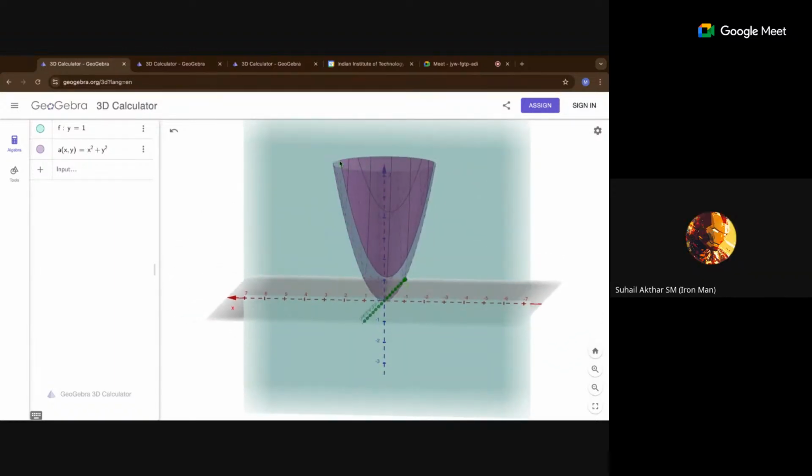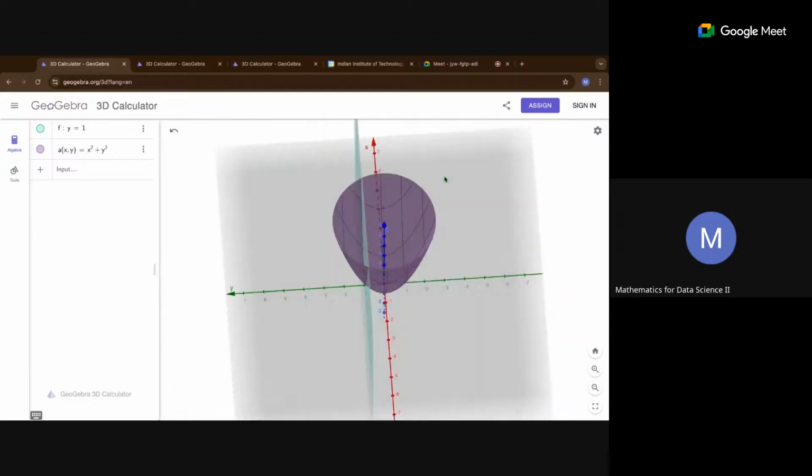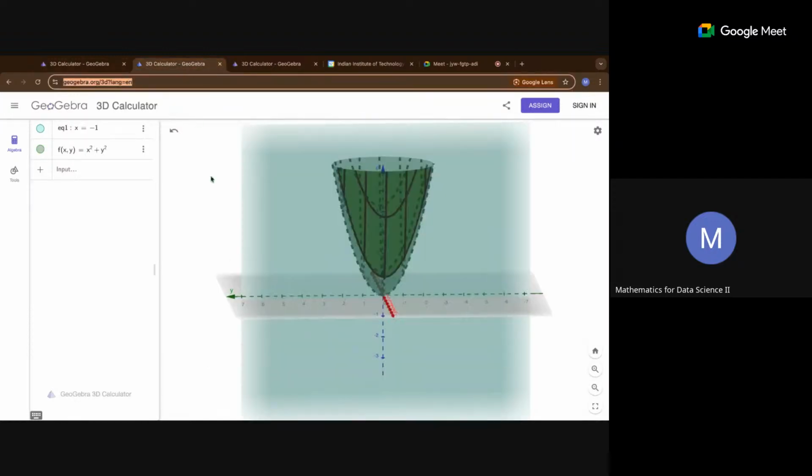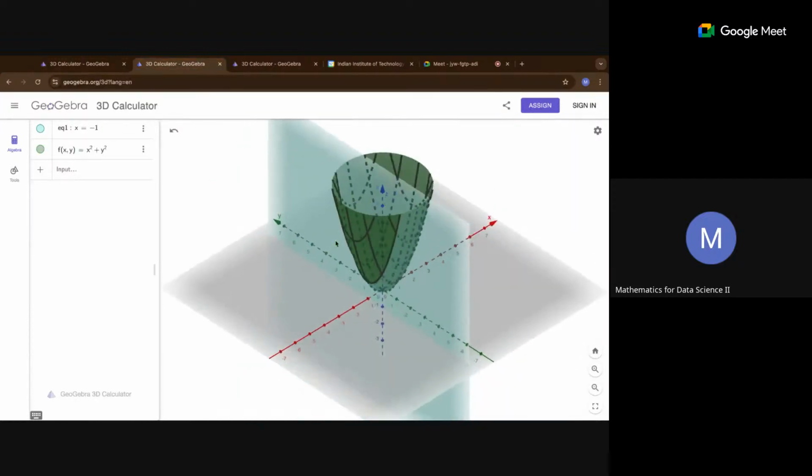See, the boundary of the violet part, this is your intersecting parabola. Just this line, the boundary here, that line is your intersecting part. The same thing if you take for x also, you can see a similar thing.